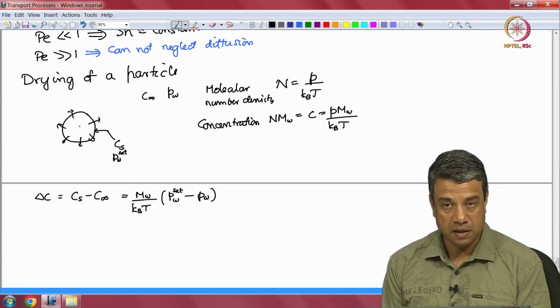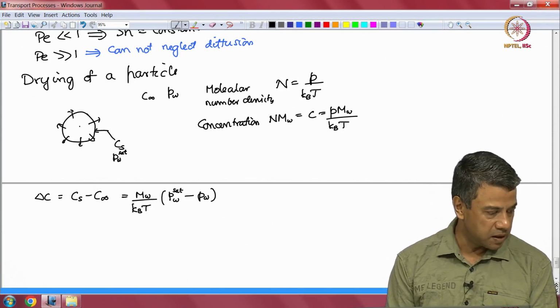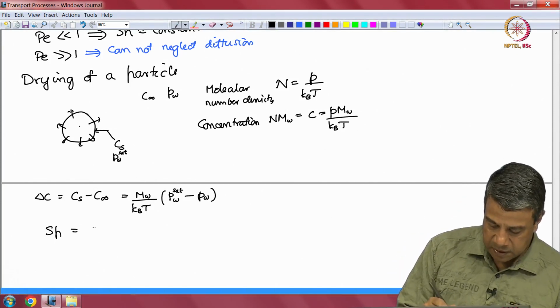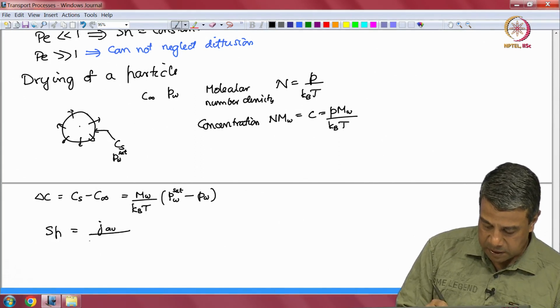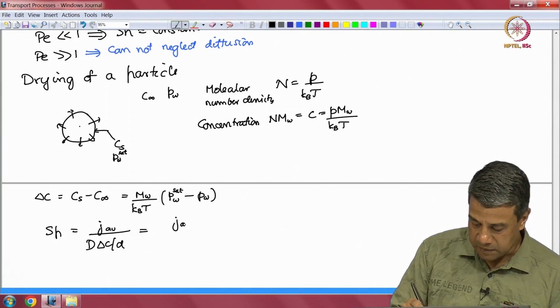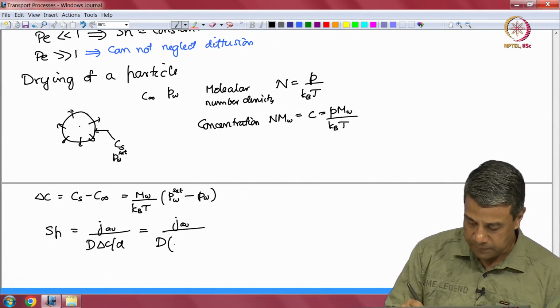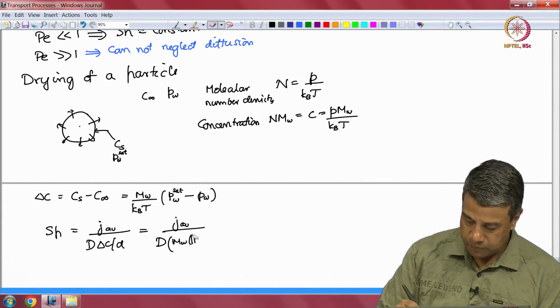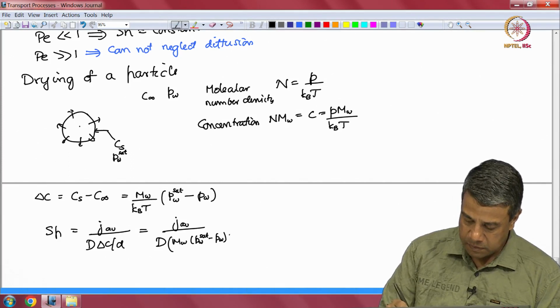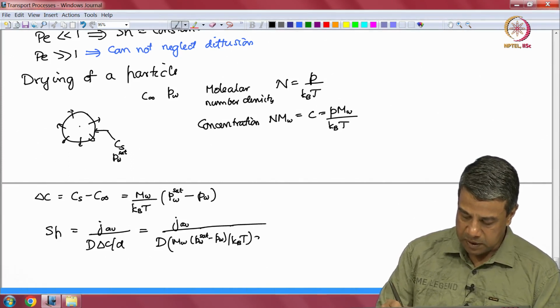So, that is delta C. And then the Sherwood number would be defined as J average by D delta C by D, which is the same as J average by D into mW by kT into the diameter.